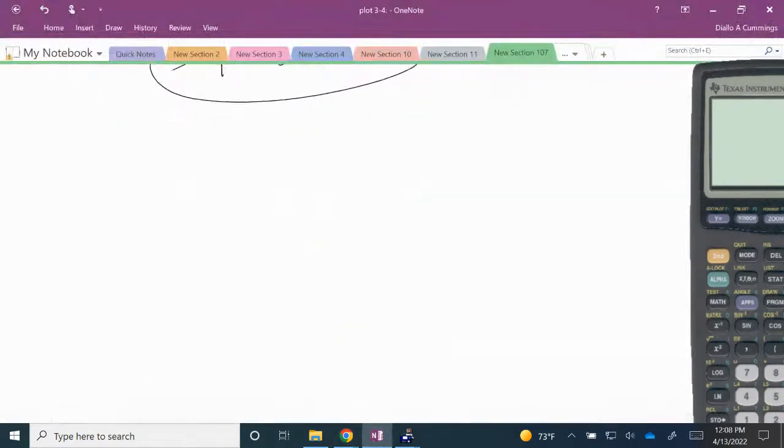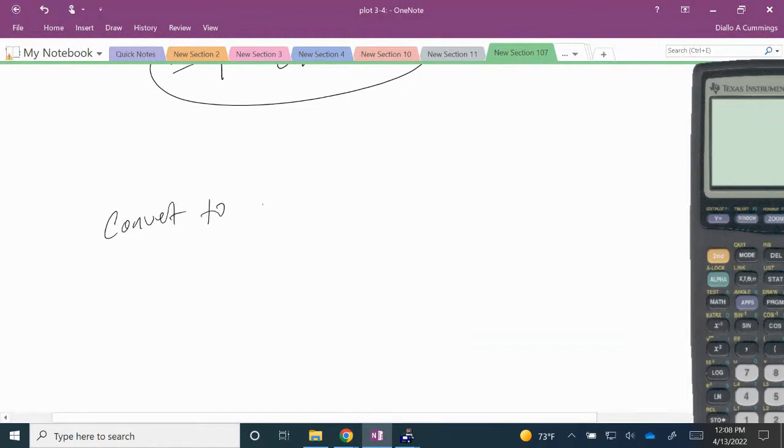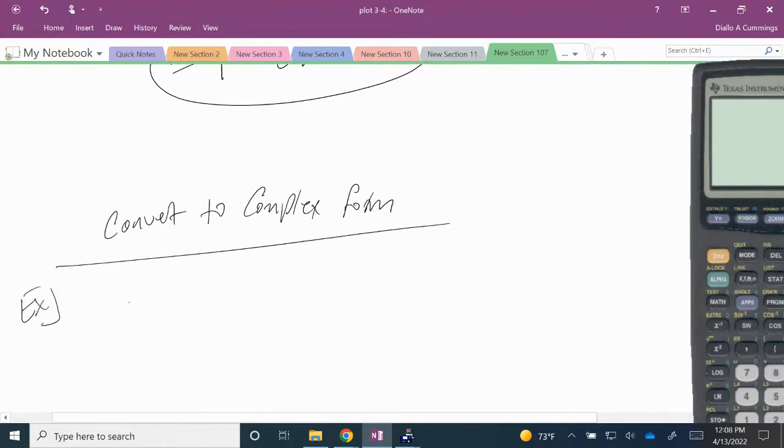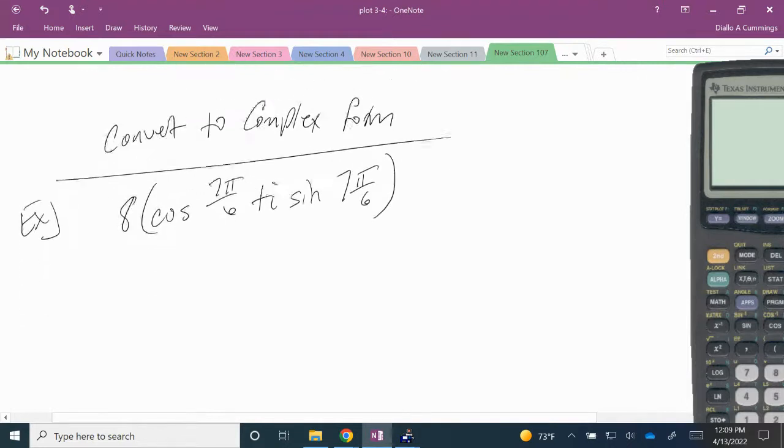So I'm going to attempt to do the same thing. So we want to convert to complex form. Eight times the cosine of 7 pi over 6 plus i times the sine of 7 pi over 6.